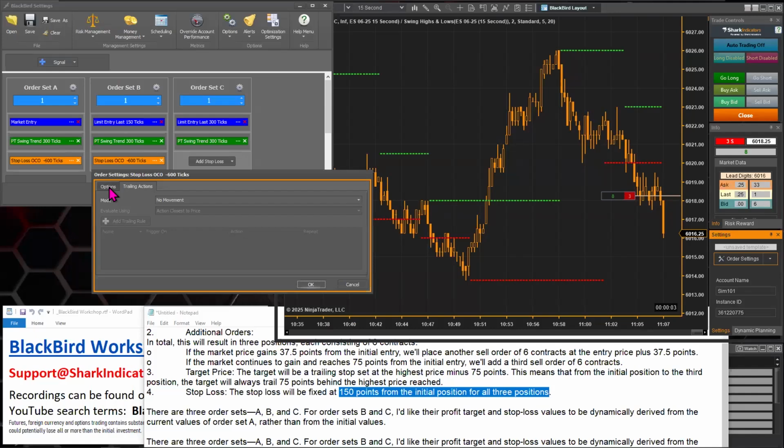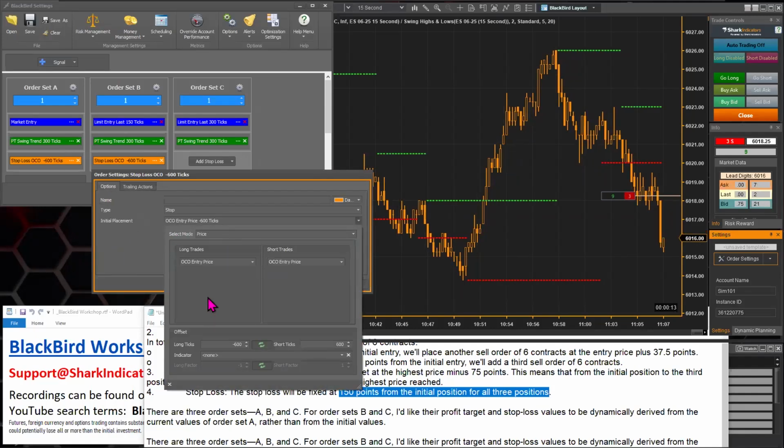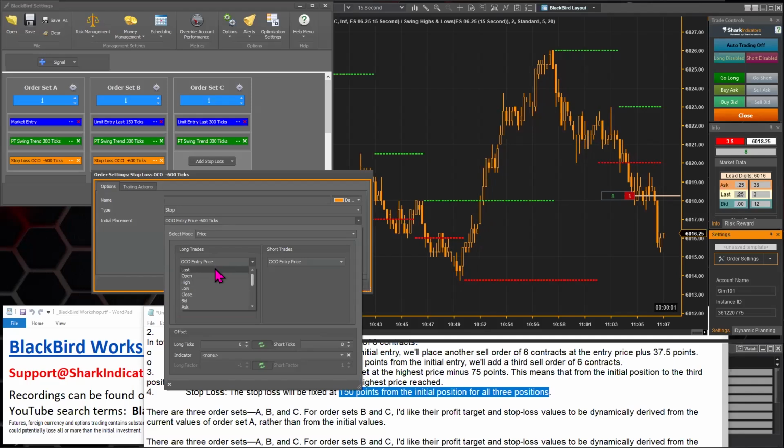So B, we want the stop loss to match whatever it is for A. So let's go to the Options tab, and let's open up the initial placement. And so we're going to strip out. We actually don't want an offset here. And this time, this is a situation where we are going to use other order price. There we go.